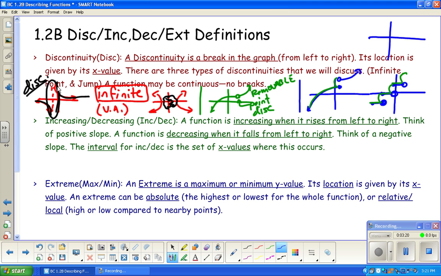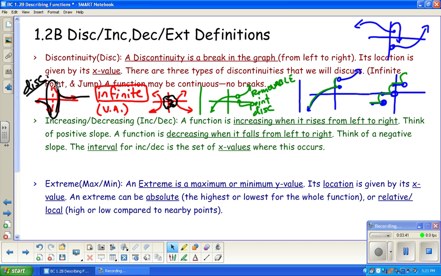You can have something that looks like this, and then it picks up over here. And so again, the idea is we got to jump down to get there. So that's jump discontinuity. So three types of discontinuity: infinite, usually it's an asymptote, vertical; point discontinuity; and jump discontinuity.